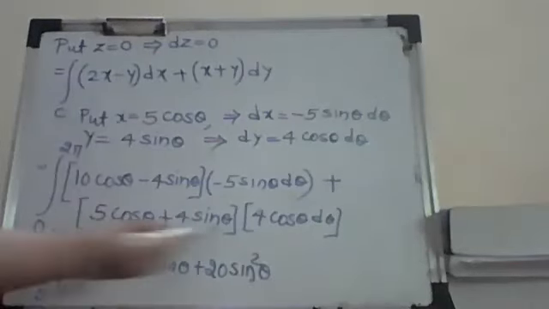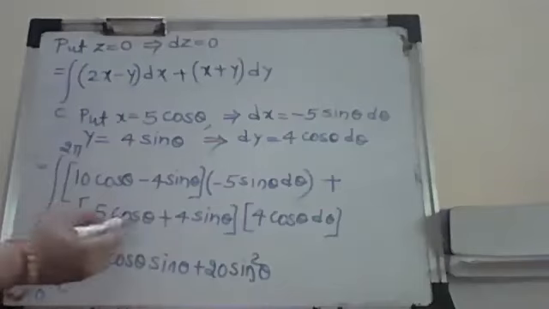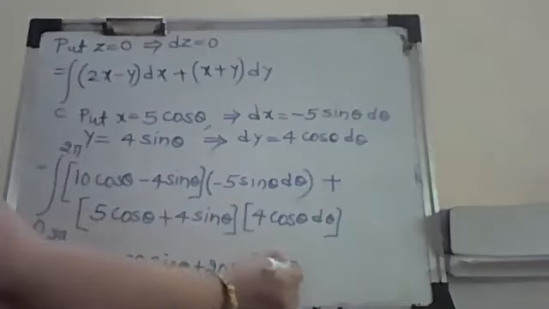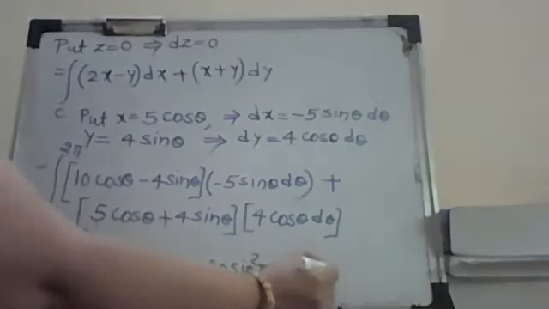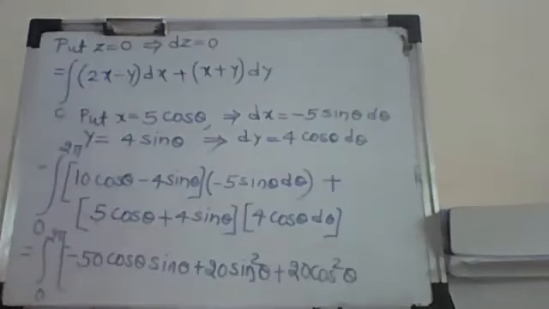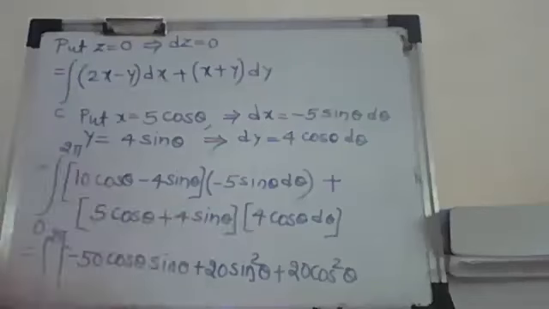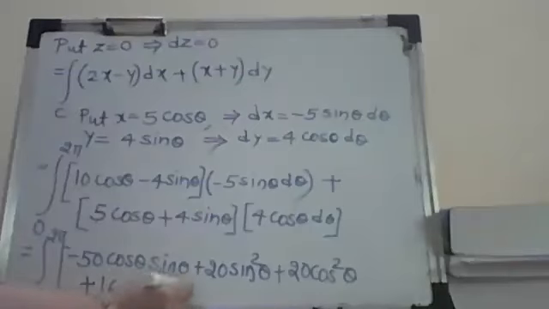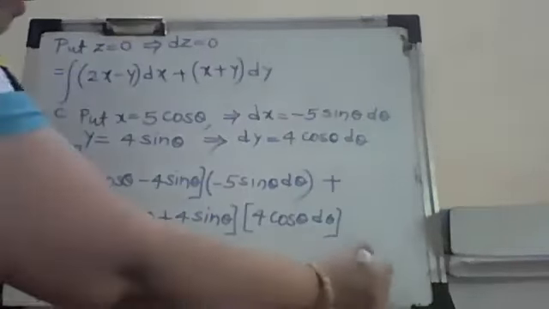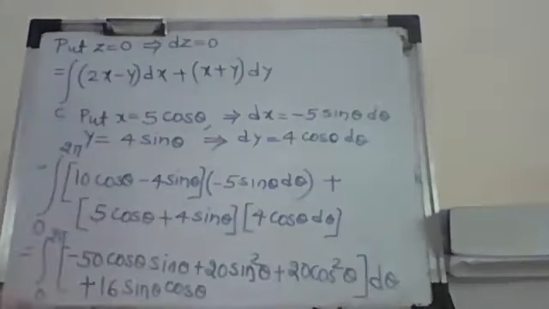Now the next term, 5 4s are 20, so it is 20 times cos square theta. And the last term, 4 4s are 16, so plus 16 sin theta cos theta, and then you multiply it by d theta.